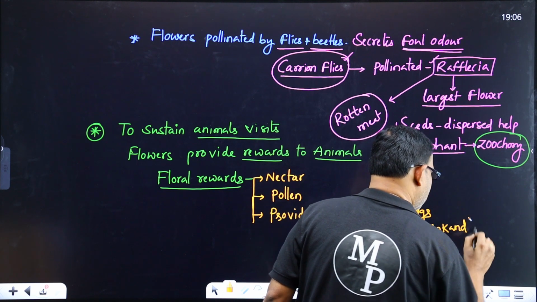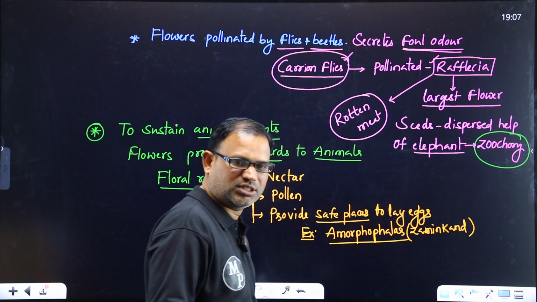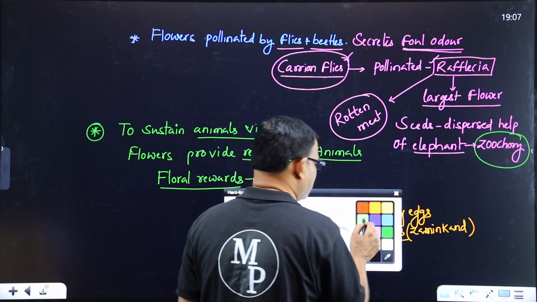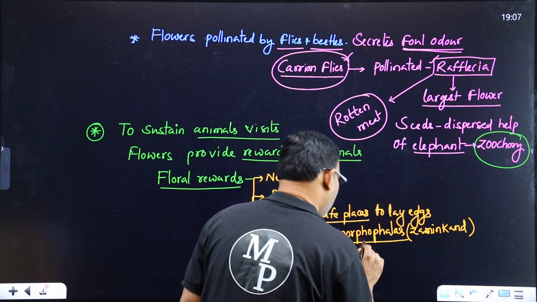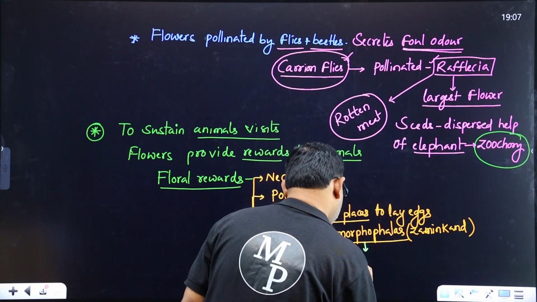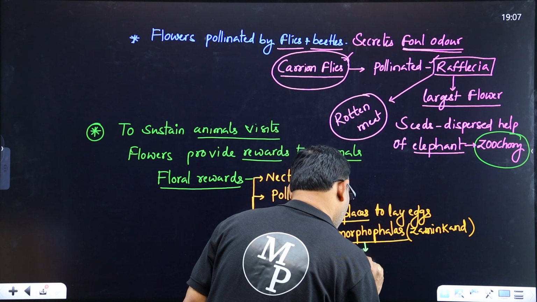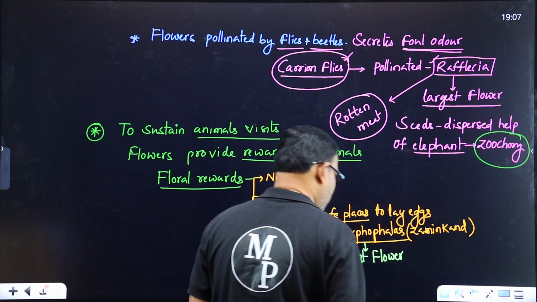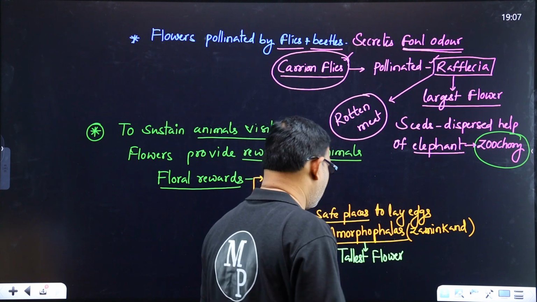This is our corm example, one of the underground stem modifications. This Amorphophallus produces the tallest flower. Earlier we saw the largest flower, but this is the tallest flower.